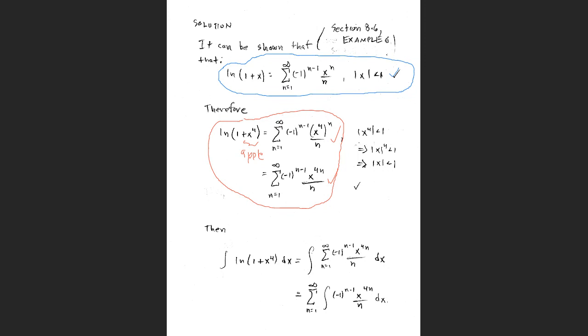And same interval of convergence, x is between negative 1 and 1. And given that our integral limits are from 0 to 0.4, this is going to be fine.